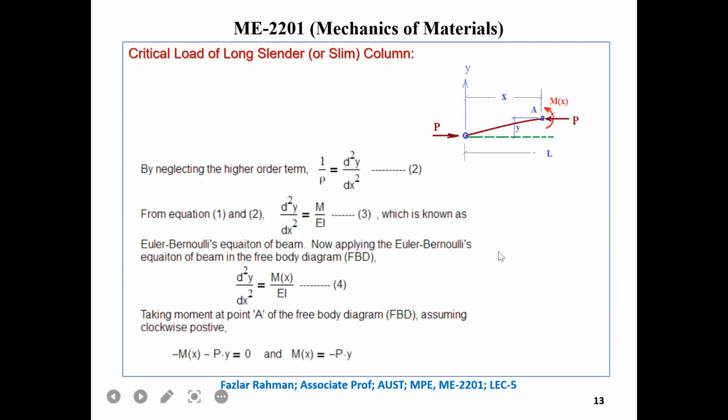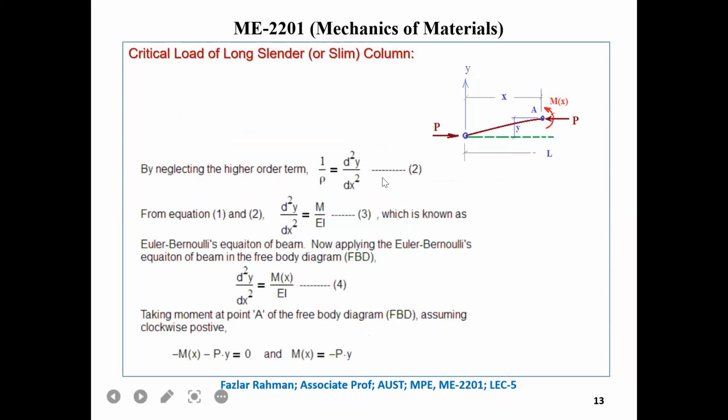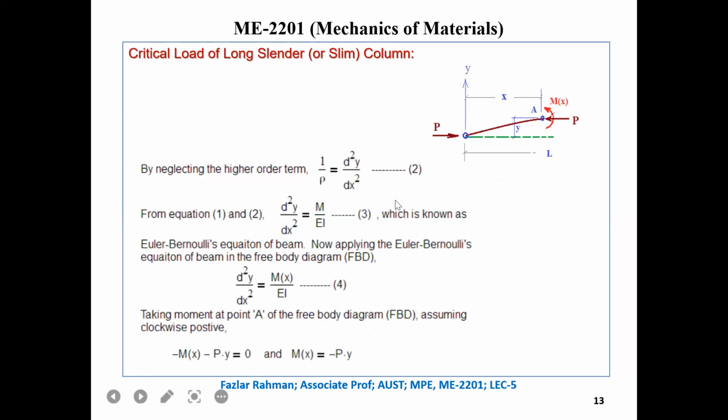Go through the next slide. This is our equation: 1 by rho equals this, and M equals EI by rho. So this 1 by rho value we'll put over here. So we will get 1 by rho equal to d square y by dx square. And 1 by rho equal to M by EI.